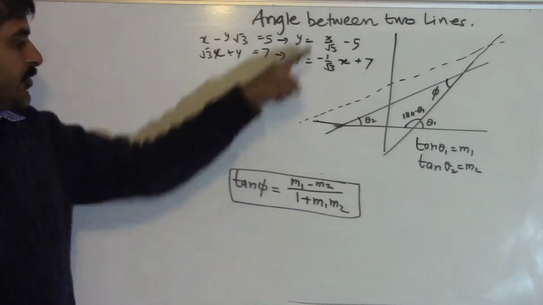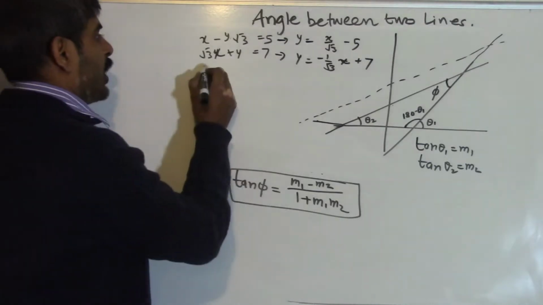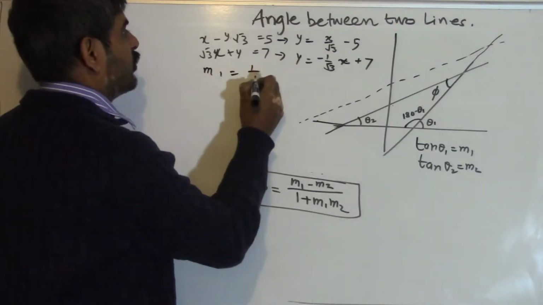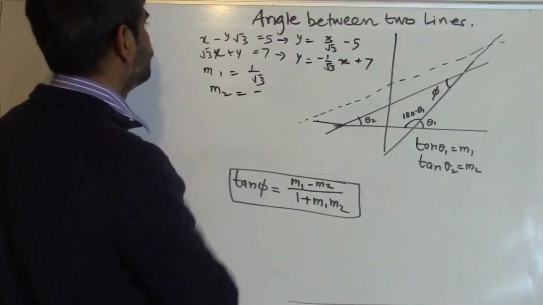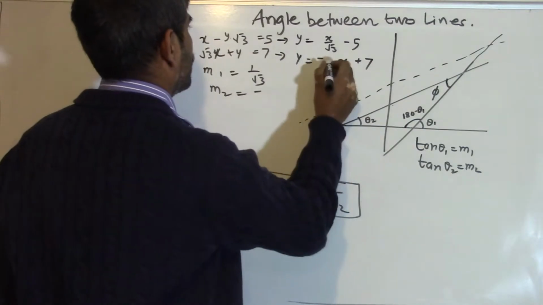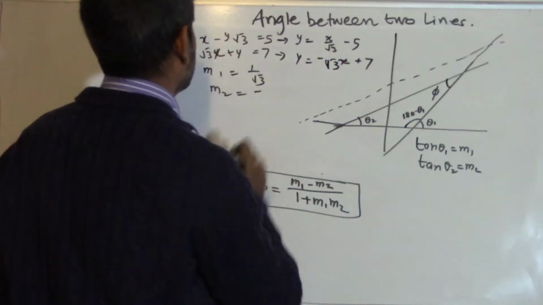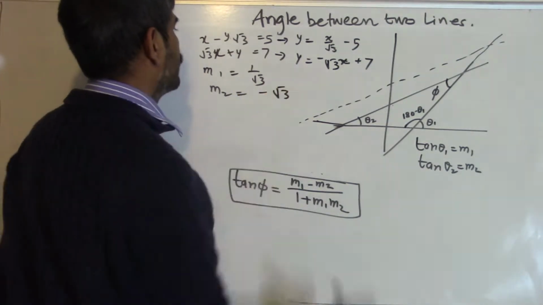And now we can find out tangent of phi. So m1 is 1 upon square root of 3 and m2 is equal to minus square root of 3.